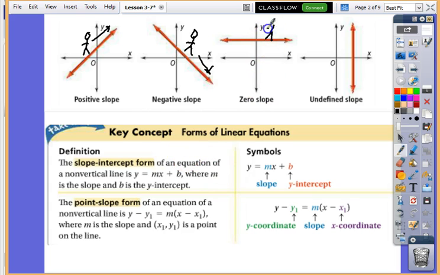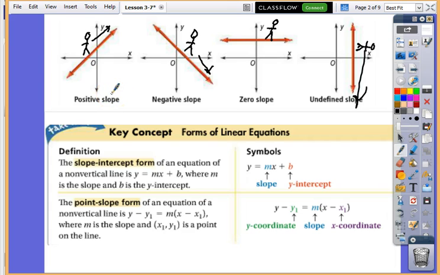If you could draw a stick figure on the line, and the stick figure won't move, that is a 0 slope. If you could draw a stick figure on the line and it would fall, that is an undefined slope. Falling to your death is undefined, not moving is 0, going downhill is negative, going uphill is positive.